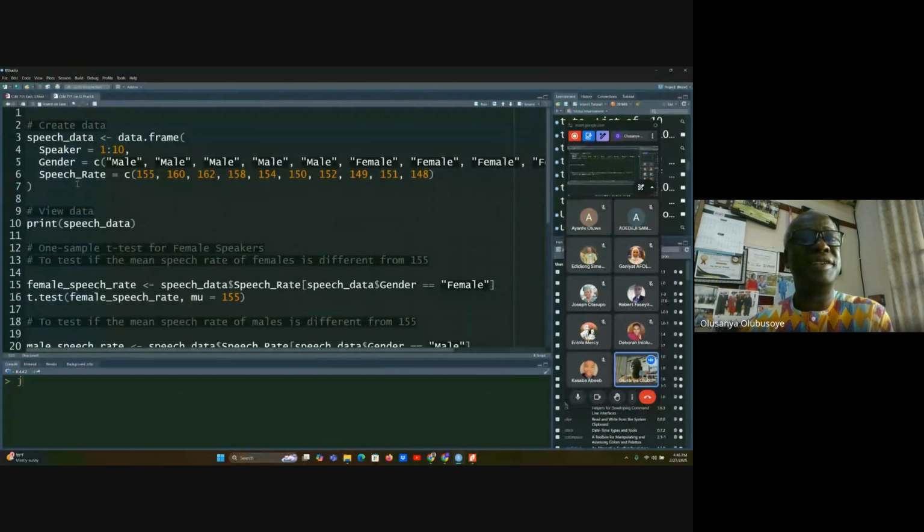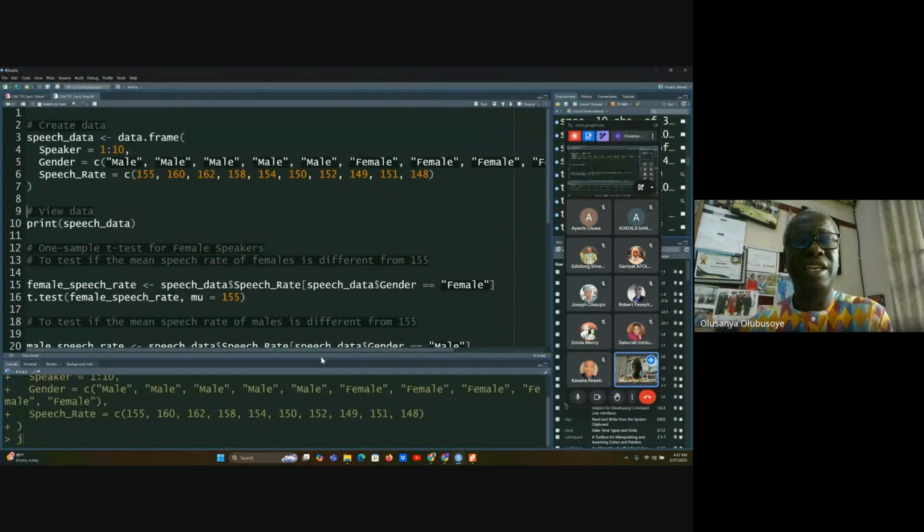And then the speech rate, these are the 10 measurements. Then we can store them as speech data. So lines 3 to 7 will run together. And then we can see what is stored in speech data, so that we will know that is the data that we have in mind.